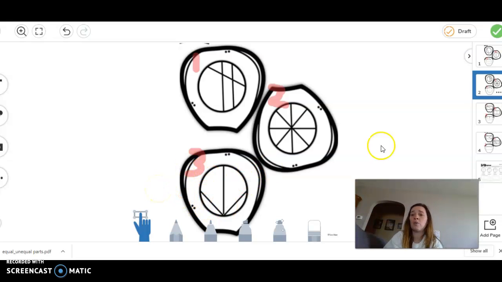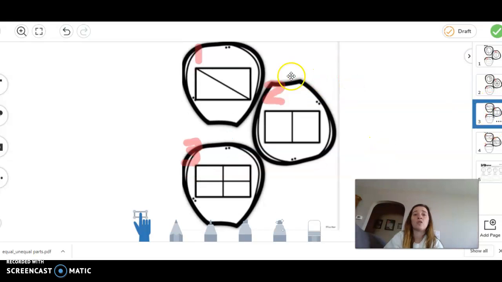Those are not equal. All right, look at my next page. This is a different shape. This is not the same shape we've been looking at. Look at number 1. Equal or unequal? It's a little tricky. It's equal parts. It's cut right down the middle. Those are the same size. If we fold it in half, those are the same size parts.